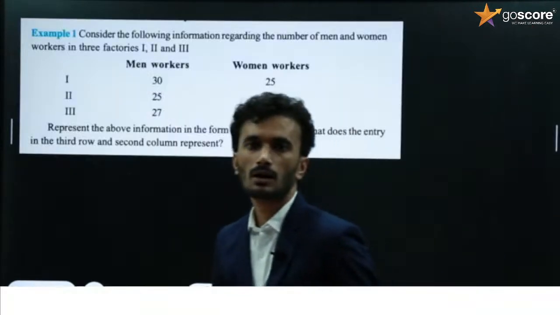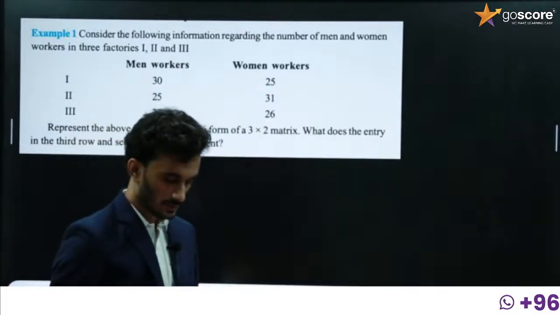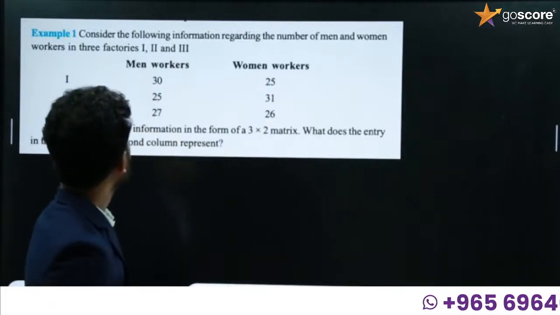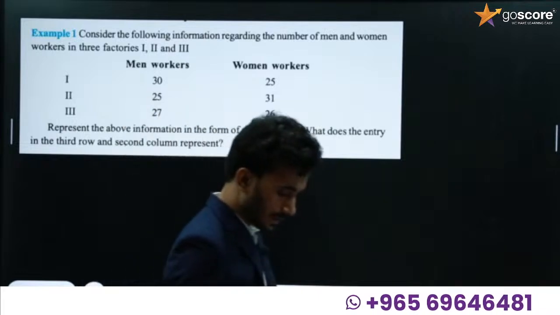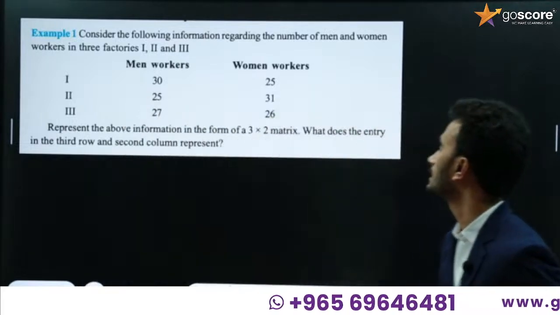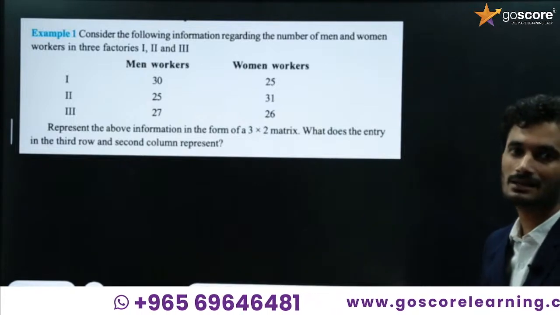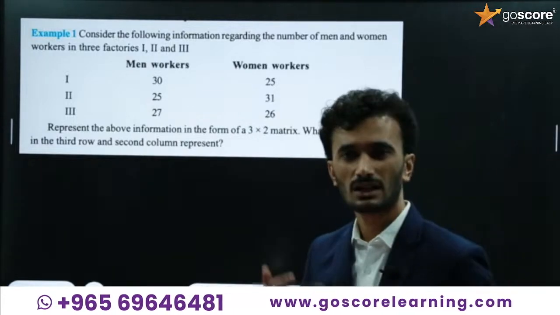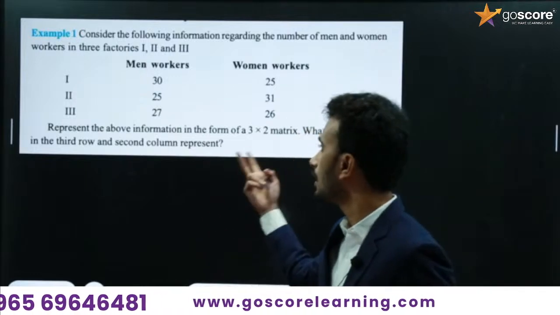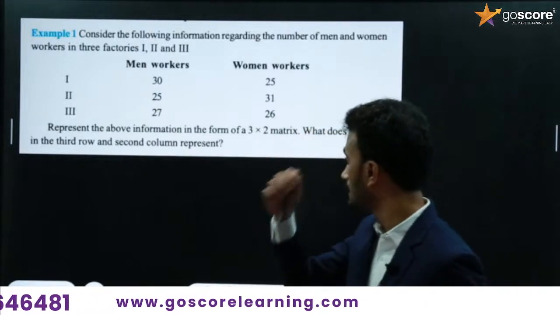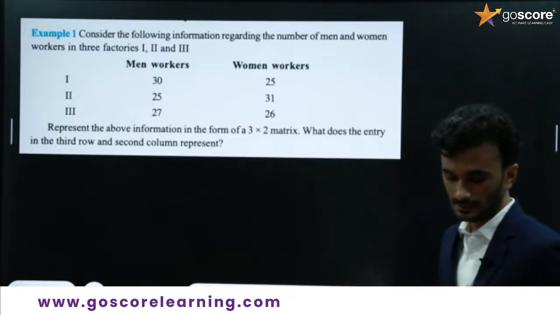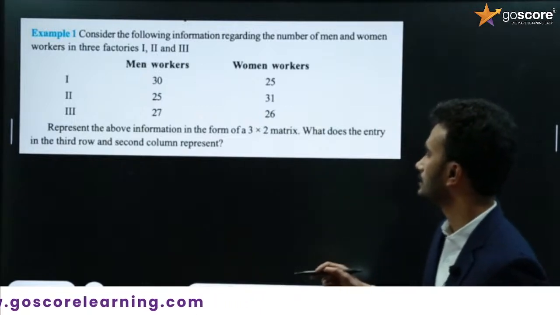Next, the first question is an example question in your reader. Consider the following information regarding the number of men and women working in 3 factories, first, second, and third. How can you represent the above information in a 3 by 2 matrix?